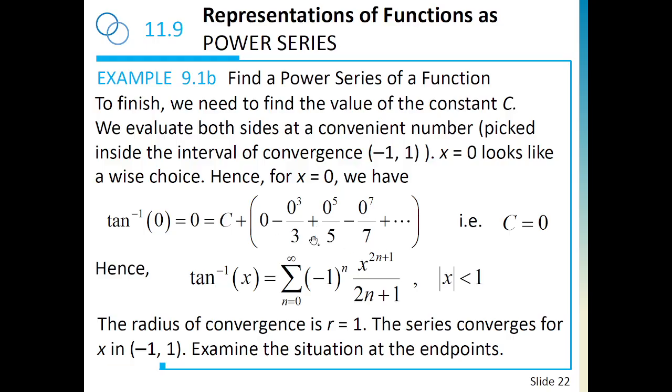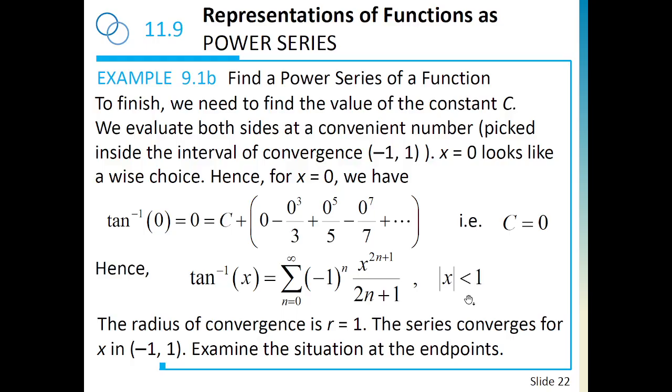So essentially I have 0 equals constant plus 0, which means the constant is 0. This is what will happen most of the time with tan inverse. We will have the constant equal 0, but we still need to do the work properly. That means that finally tan inverse is equal to this power series on the interval (-1, 1).